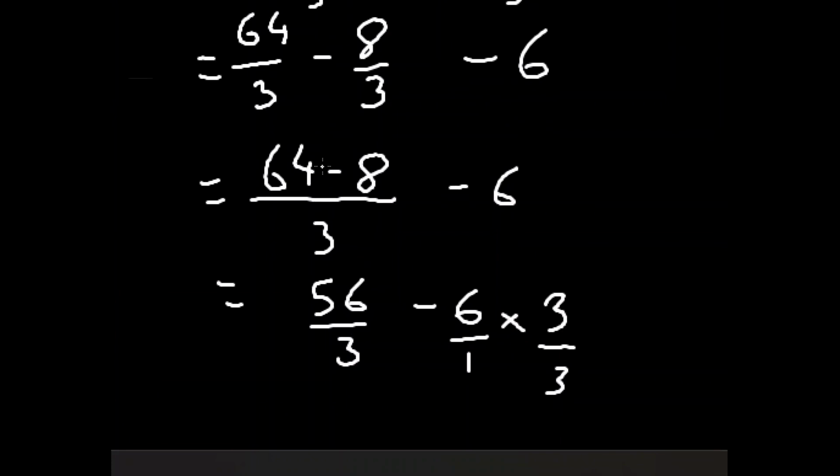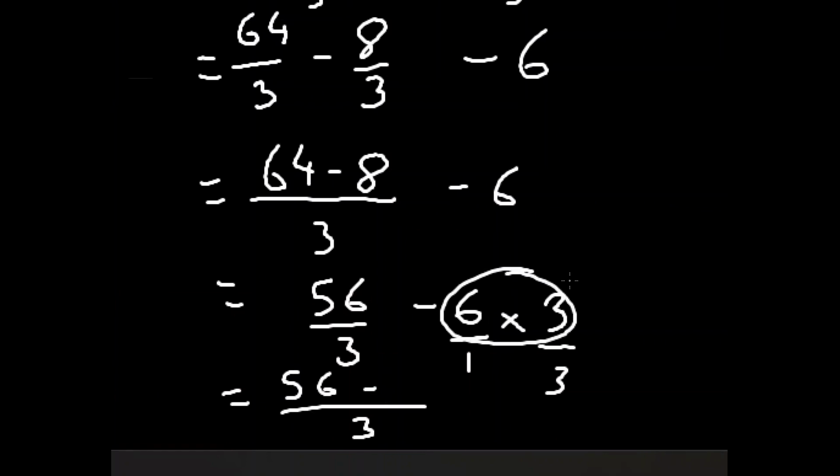And so that then becomes 56 all divided by 3 minus 6 times 3, which is 18. And that becomes our, if you can do some quick maths, 38 divided by 3. And that is our final answer.